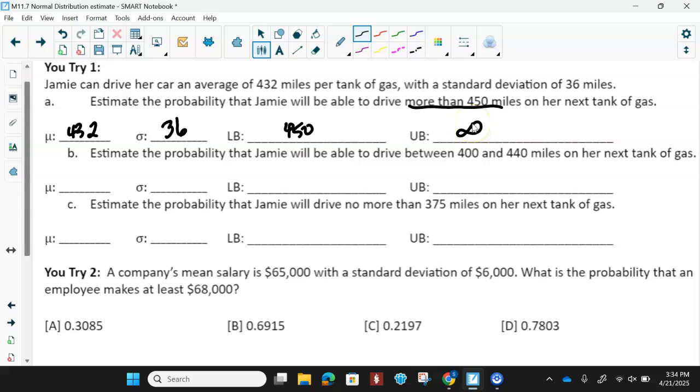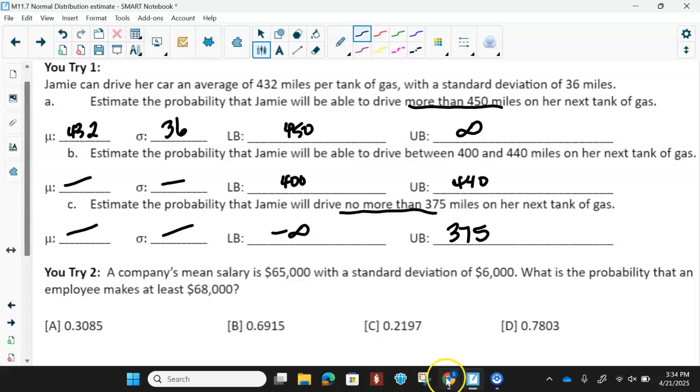And so the upper bound was infinity here. And this one, all the same. And this one was nice, between 400 and 440. So 400 to 440. Then this one here, same mean and standard deviation, no more than 375. So this one, you had to set up the highest amount is 375. So we're going down to negative infinity.